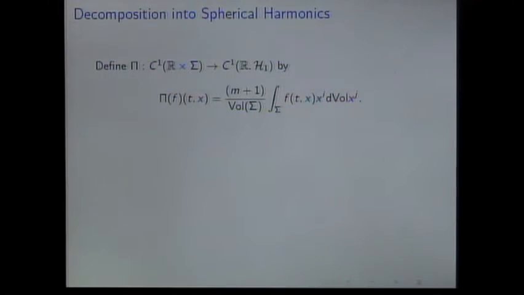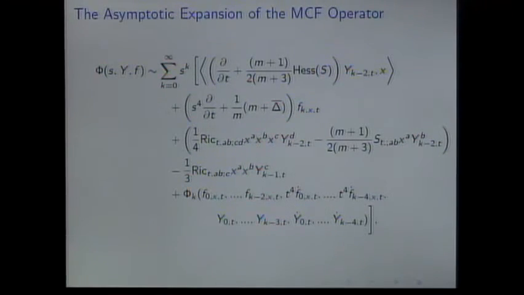If you notice, actually, this is one feature of this asymptotic expansion that you have to be careful with: the time derivative of f always comes accompanied with an s to the 4th. When you look at it naively, you would have put this s to the 4th up here with s to the k. That's not right. The correct operator to look at is s to the 4th d/dt, which is why you see another factor of s to the 4th appearing here in the remainder terms. This should be an s, not a t.